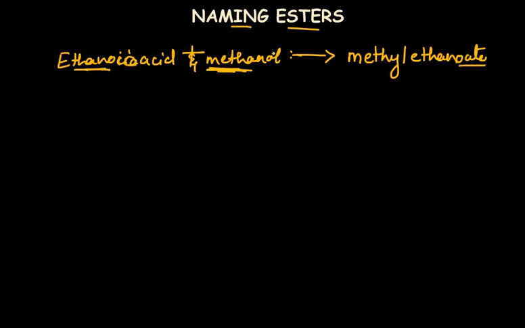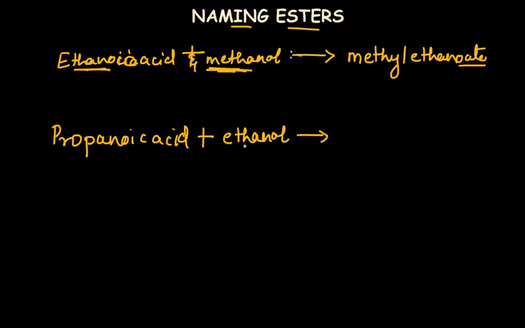So the naming of the ester depends on the alcohol and the acid used. Let's take another example. Say propanoic acid is used as the carboxylic acid, and suppose we use ethanol as the alcohol, then what should be the name? As I said, the naming starts with the alcohol part.